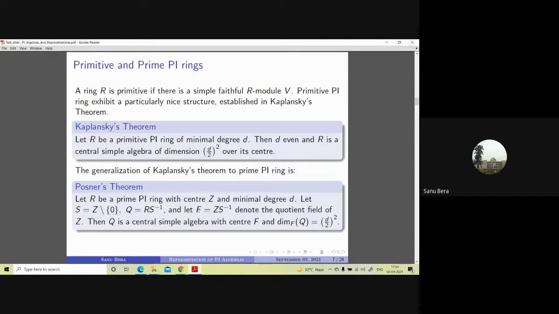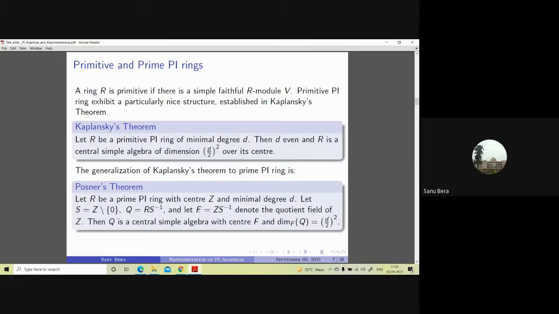The dimension actually follows from that minimal degree, because the minimal degree is the same for R and Q, and Q is a central simple algebra. So its dimension will be a perfect square, and that is exactly d squared, because its minimal degree is d.